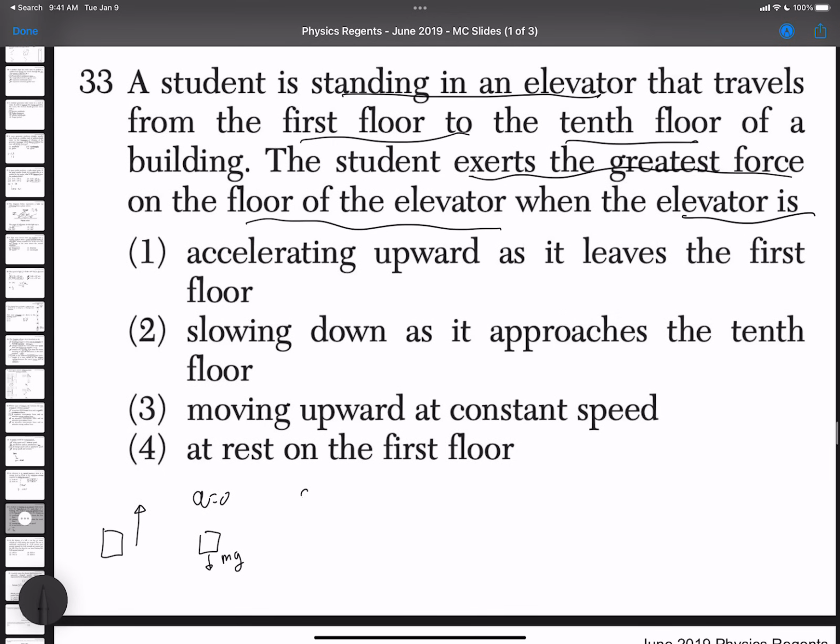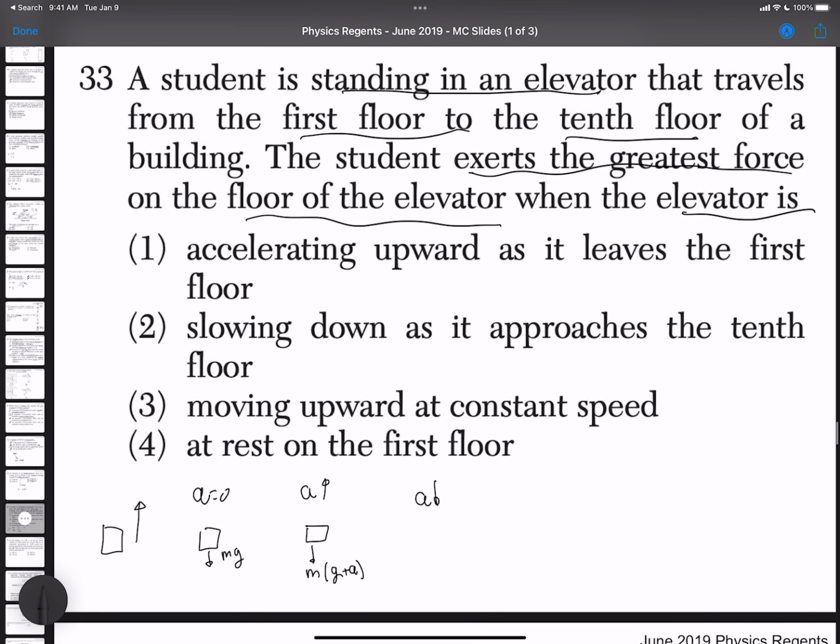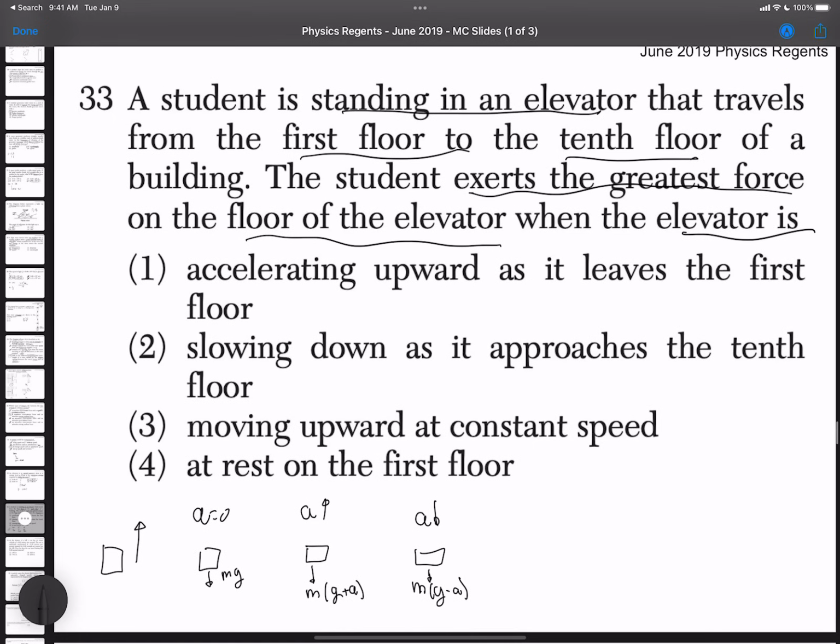If the elevator is accelerating upwards, then the force exerted is going to be the mass of the student times the acceleration due to gravity plus whatever that acceleration is. If, however, the acceleration is downwards, then that force exerted is going to be the acceleration due to gravity minus what that acceleration is.